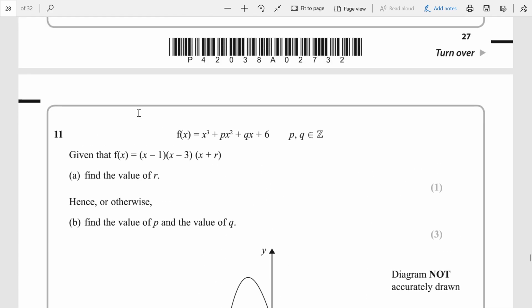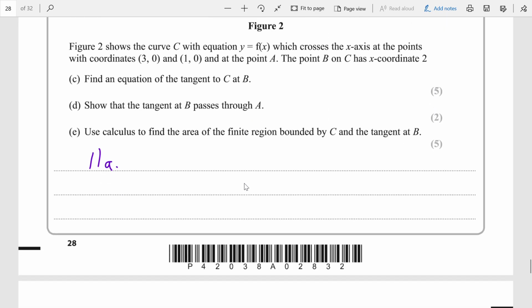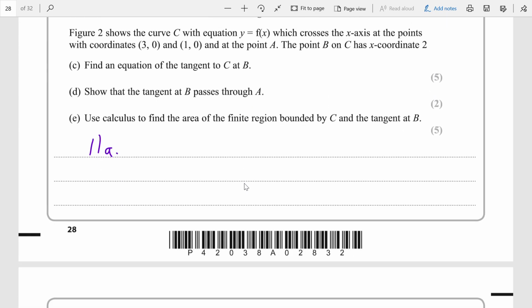And what I'm guessing is, since r is the constant term, and we know the constant term, 6, when we expand all these out, the constant term will be minus 1 times minus 3 times r. And this will get to positive 3r is equal to 6. And so r is probably going to be positive 2.